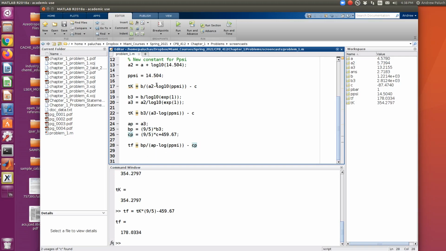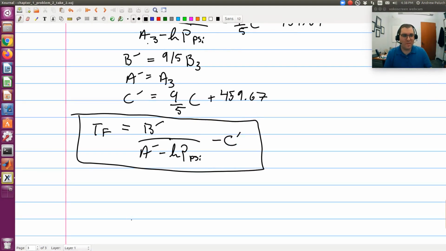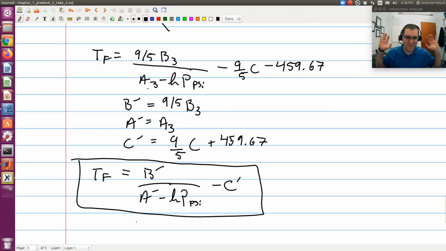If we keep working with this input pressure of 14.504, if I've done everything correctly, I should get a temperature of 178.0334. So if we run it, I get the same 178.0334. Got it. It checks out. Phew. All right, so hopefully now you can use that to get problem 2 working correctly.